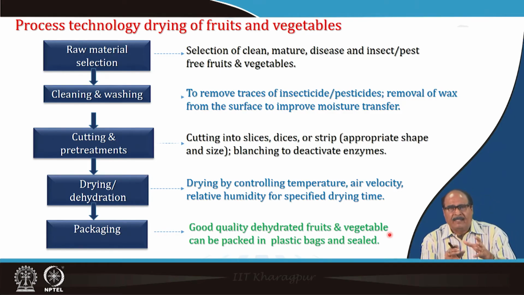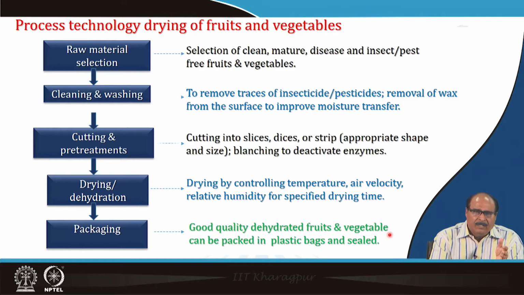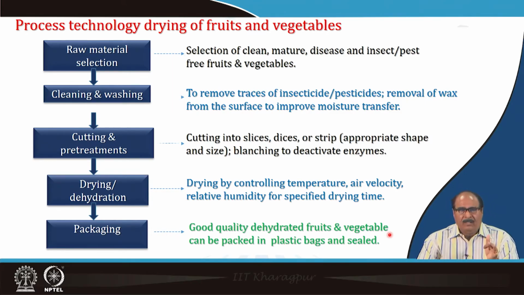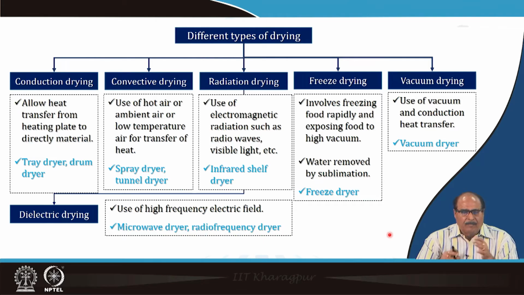Inside the dryer the heat conditions, relative humidity, and air velocity are maintained as required, and you can operate the dryer for the desired period of time to remove the desired amount of moisture. Once the dried product is obtained, it is packaged in appropriate materials.